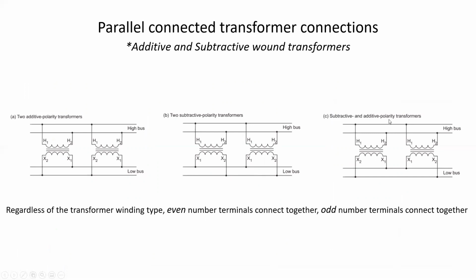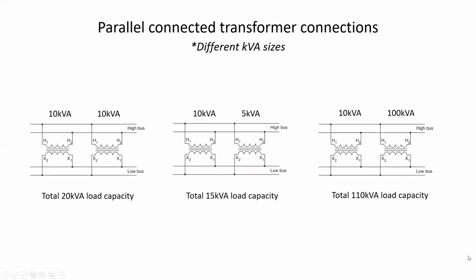And then what if we had a subtractive and an additive polarity transformer? Somewhat uncommon, but I suppose it could still happen. Just because they're not both additive doesn't mean you can't use them together. X1s connect to the same bus bar, X2s connect to the same bus bar. Regardless of the transformer winding type, even number terminals connect together and odd number terminals connect together.